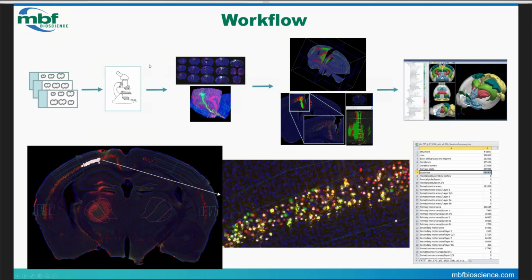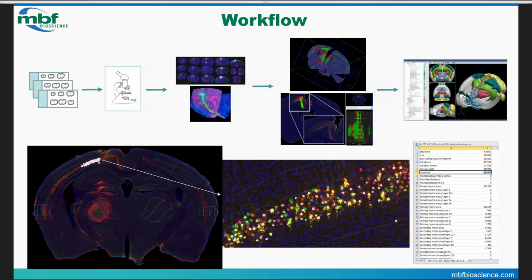So I think with that, I just want to show an overview of the workflow again that we've been talking about in each one of these webinars. And this workflow is nice in that it uses something that's readily available to most neuroscience labs, and that's serial sections, as opposed to having a complicated clearing method with a really expensive imaging device on the back end of the imaging process.